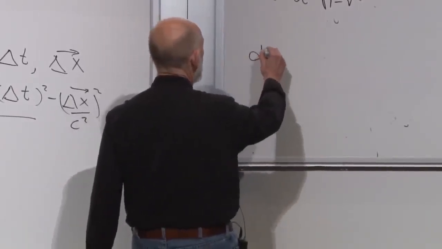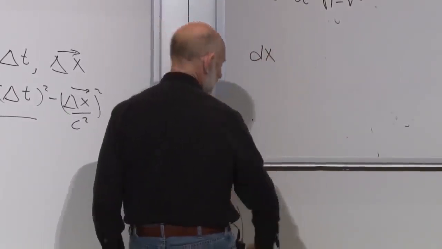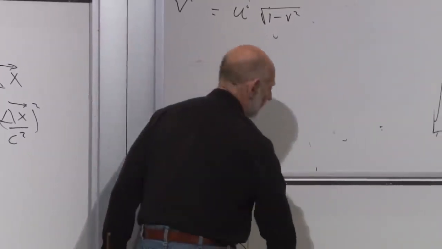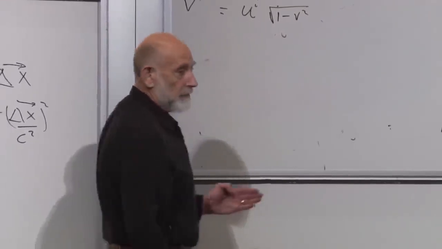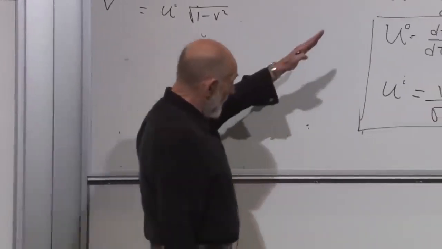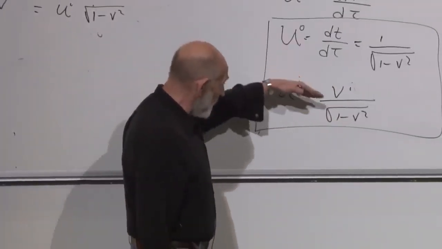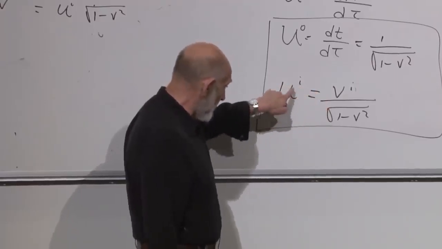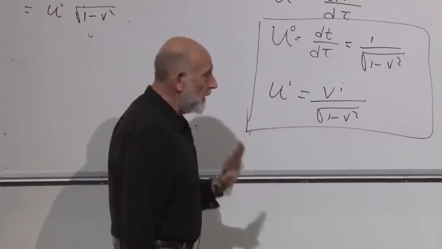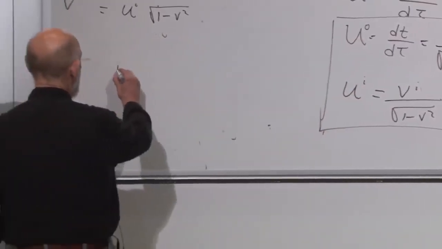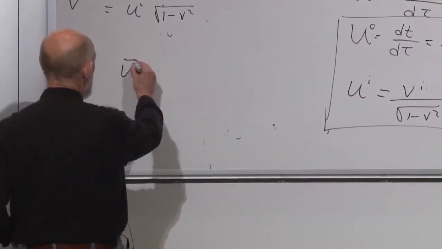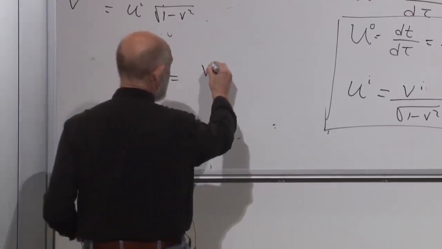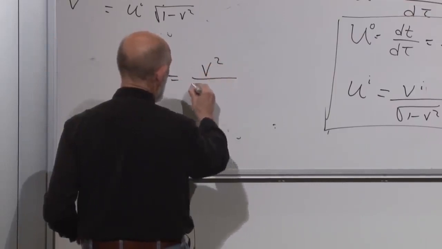I'll explain very quickly why it doesn't have 4 independent components. There is a relationship between the 3 components of spatial velocity, u sub i, and u sub naught.